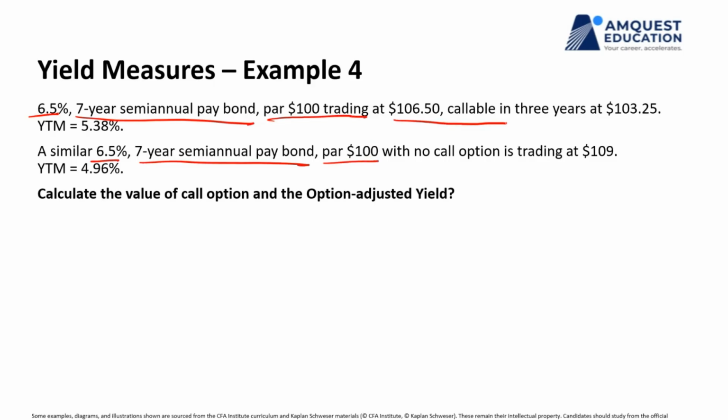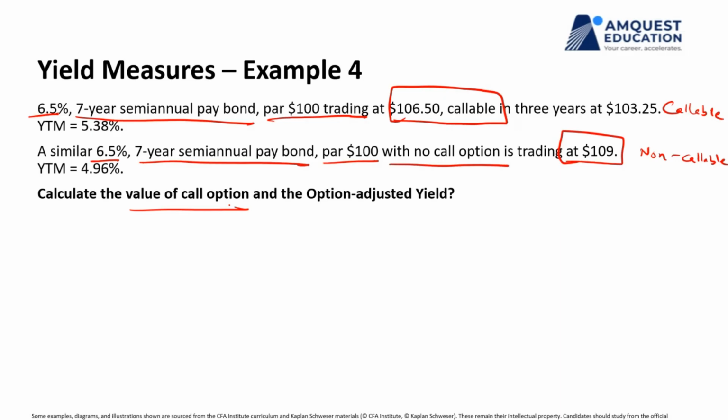This is callable, trading at 106. This is no call, trading at 109. So one bond is a callable bond, and the other bond is similar non-callable bond. Nothing different. Everything is the same. The only thing is this is a non-callable bond. That is the key difference between the two.